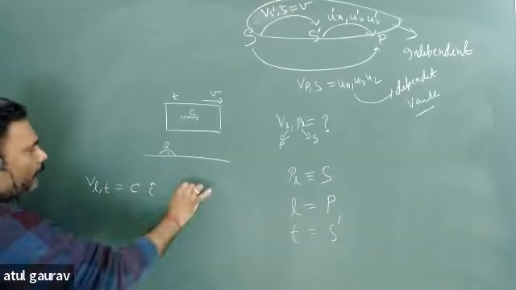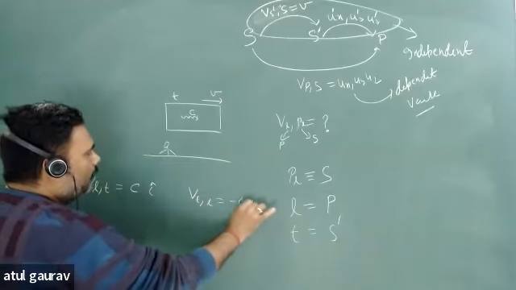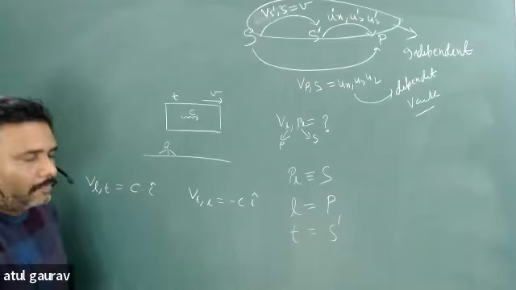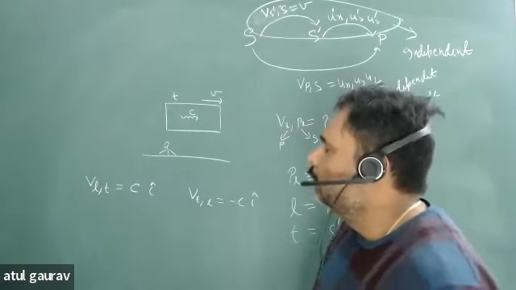Now, can I write velocity of train with respect to light pulse is minus C in I cap direction? No, sir. Why not? You can write. This is absolutely correct, isn't it?